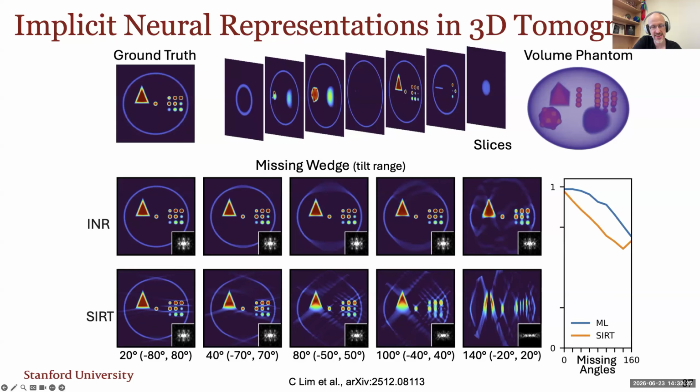Our phantom contains this thin membrane on the outside edge, and you can see even by a missing wedge of 80 degrees, you're already starting to lose some of your membrane there, right? And then by the time you get to a missing wedge of 140 degrees, we're barely reconstructing that outer membrane at all. So it is somewhat feature dependent, but nevertheless, the INR does a much, much better job of in-painting the missing information.